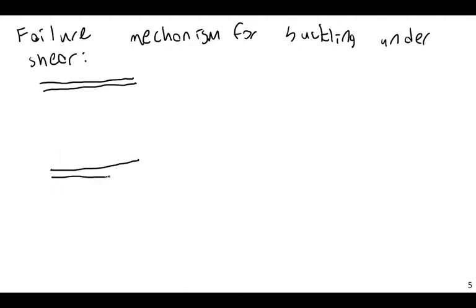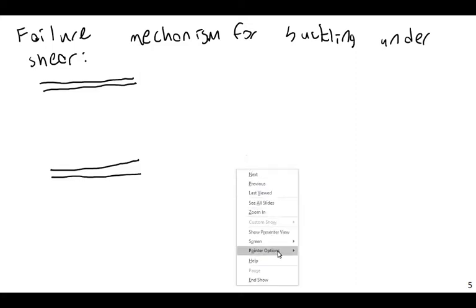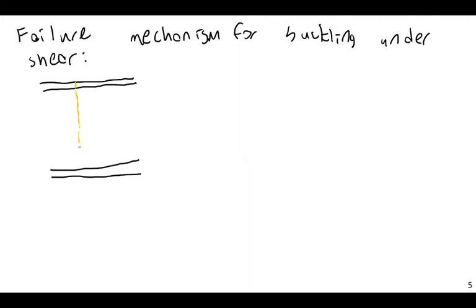So imagine a portion of a web as a column, except it is a continuously braced column. A web is basically a continuously braced column.